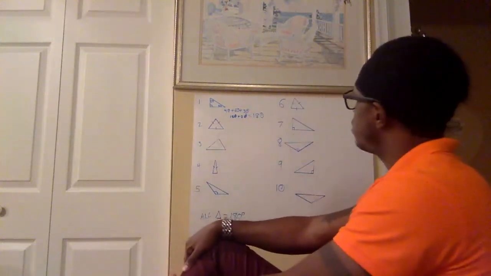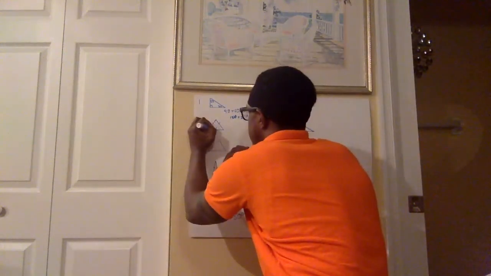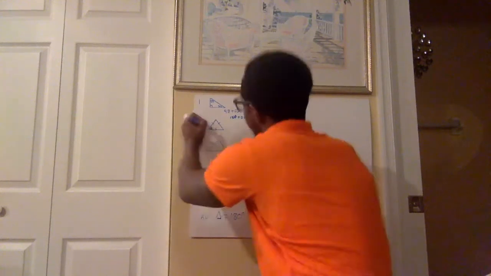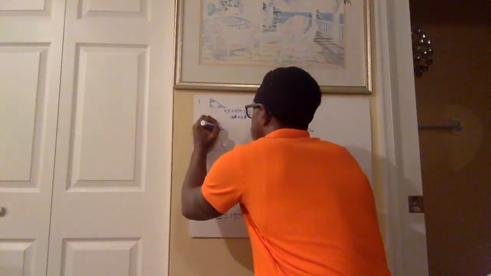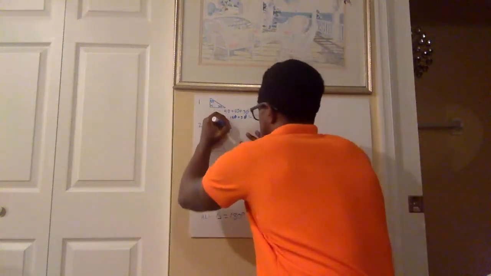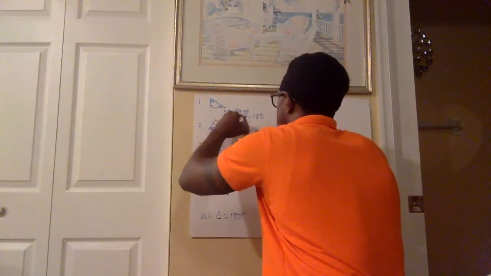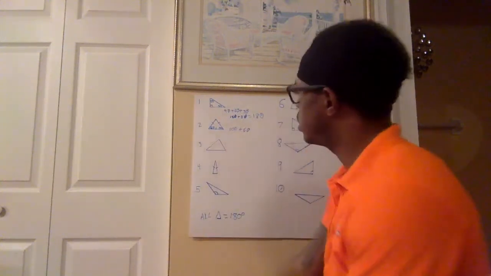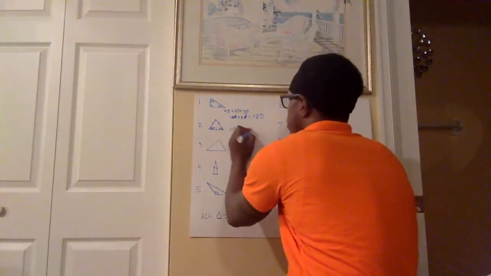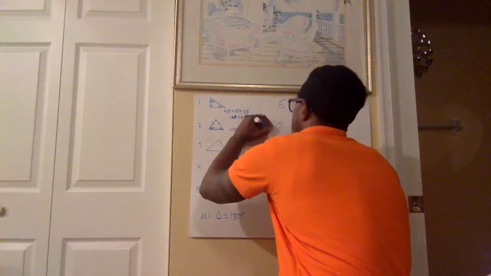So let's say this triangle right here. Let's say we had 60 degrees here, 60, and 100 degrees. So it's not drawn to scale, but if we have 100 degrees on one, and then we have 60 degrees, what's that going to be? 100 plus 60, that's going to give us 160 plus something, let's say A, is equal to 180.